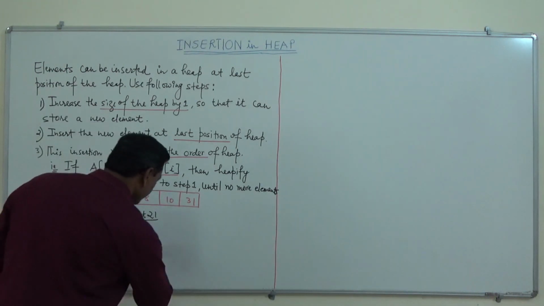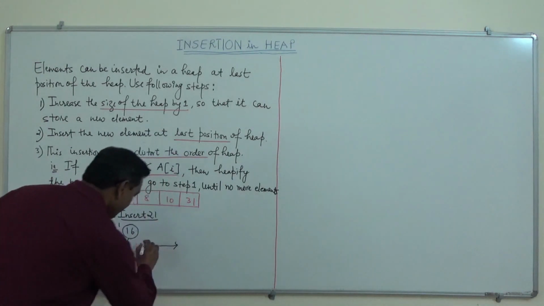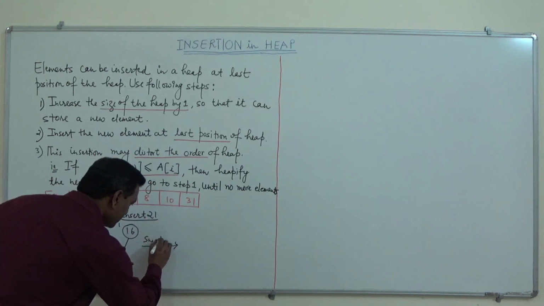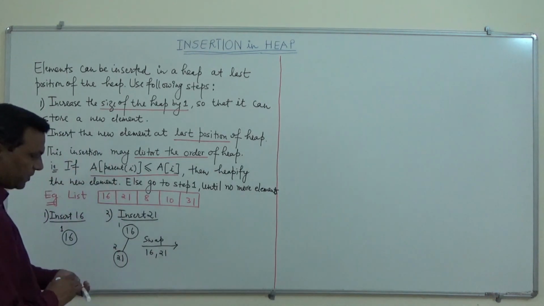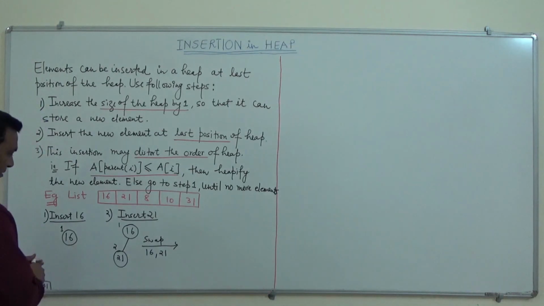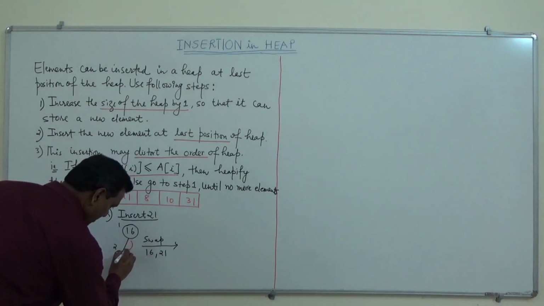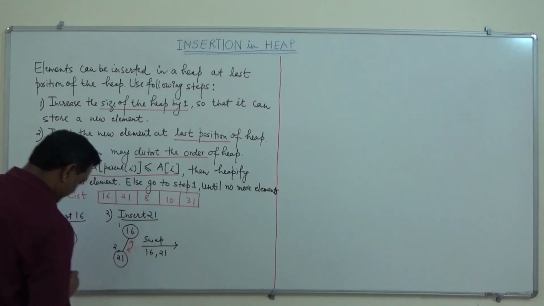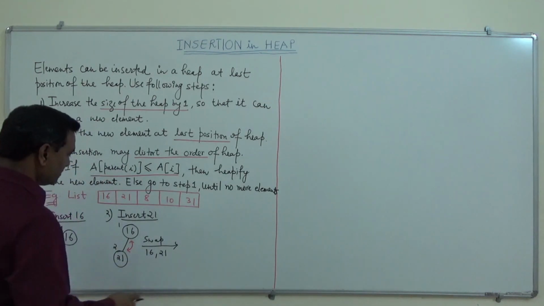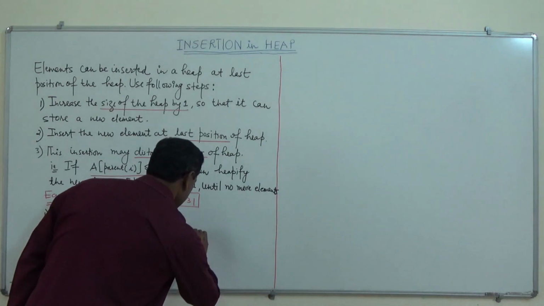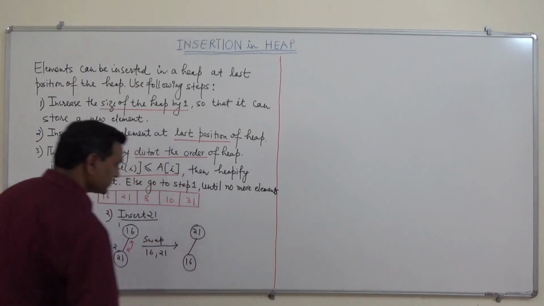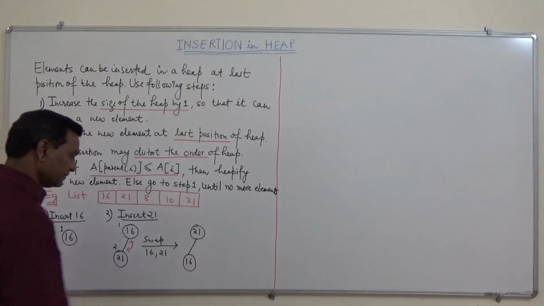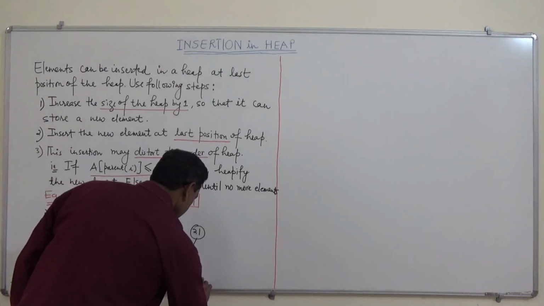So what we will do? Swap 16 and 21, or we can say we will heapify it. The swap takes place here and now it becomes 21 and 16. So now it is Maxheap.